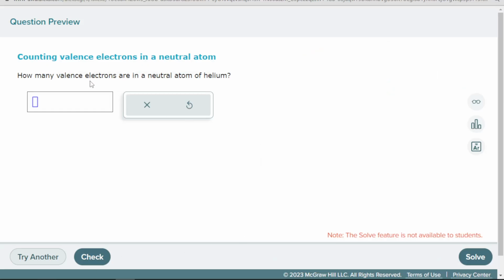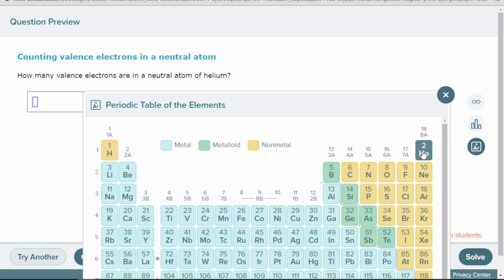Since we know that this atom is neutral, helium has, let's take a look. Look at this. Helium is in group 8A. Now this is the exception. Hydrogen and helium are the only two, since they're in the first energy level, they can only hold two valence electrons. So helium will have two valence electrons.